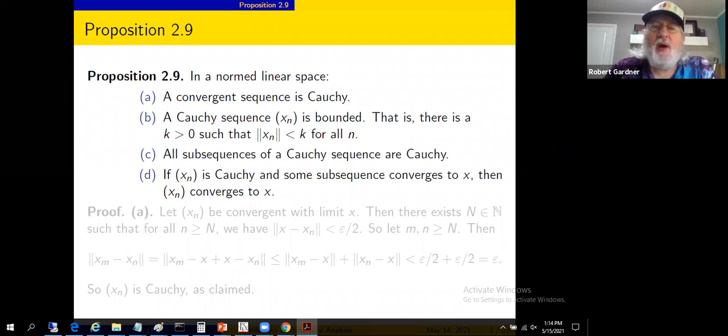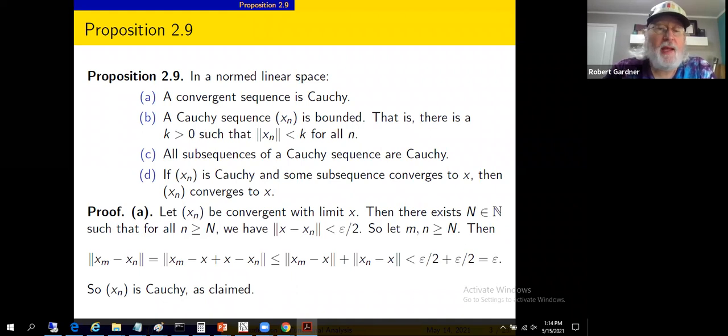All right, I promised you this wouldn't take anything more than the triangle inequality, and here's the proof. Take a convergent sequence, x sub n, say it converges to x. We have the definition of the limit of a sequence from previous sections.